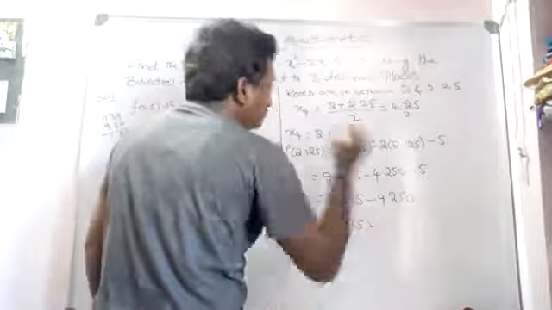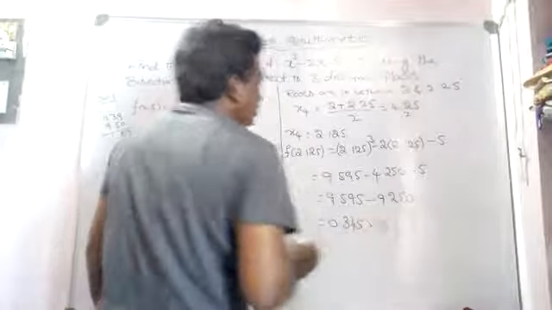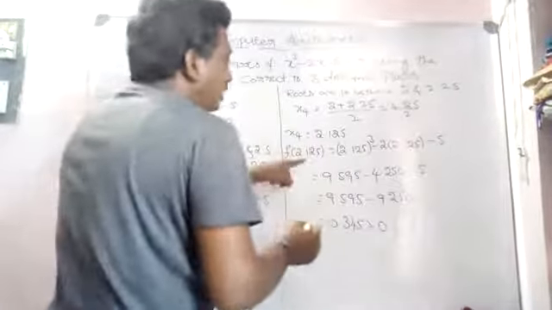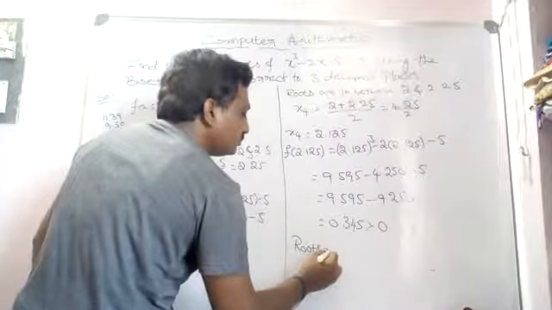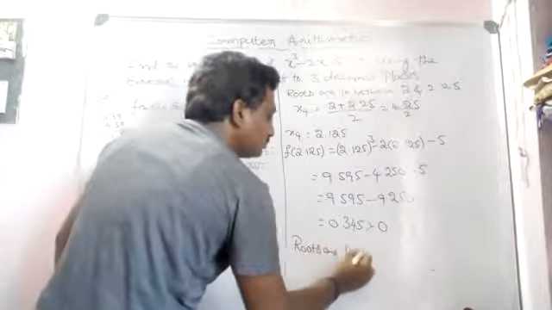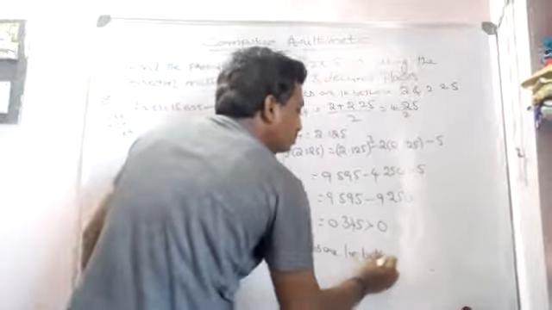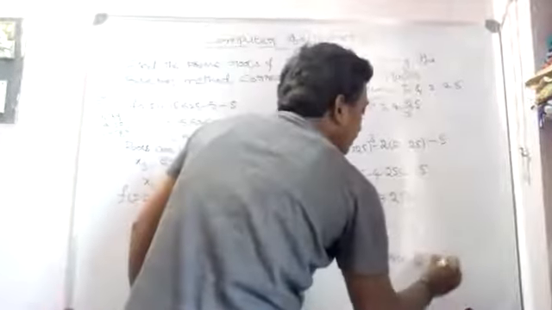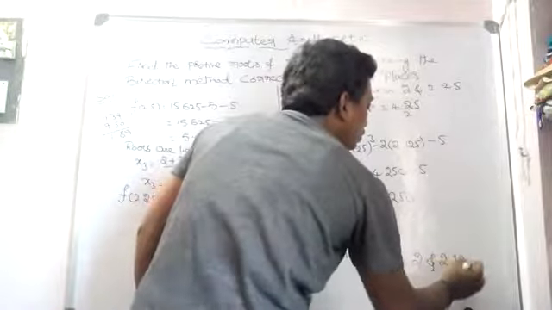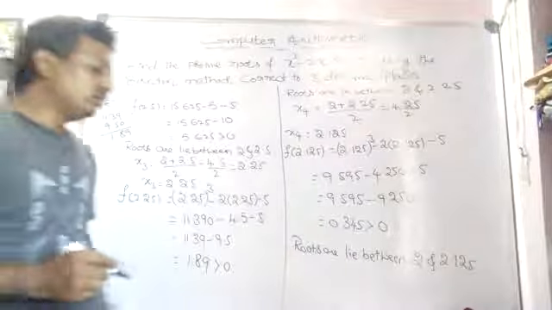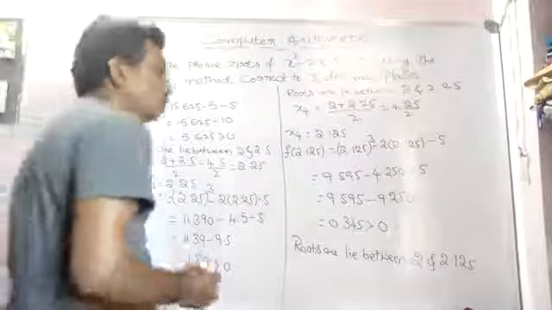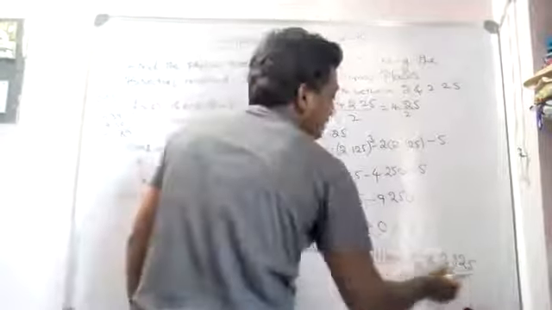So this is also greater than 0. So the root lies between 2 and 2.125. We want up to 3 decimal places, so here we got up to 3 decimal places.